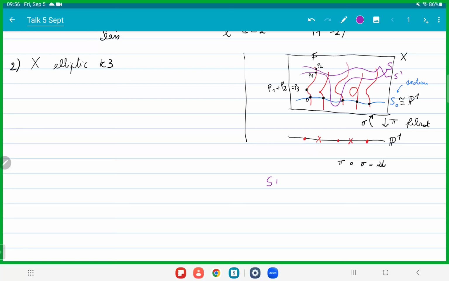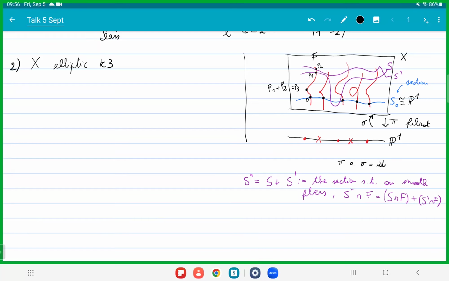So we can define S plus S prime to be, by definition, the section, let me call this one S second, such that on smooth fibers, S second intersected with a smooth fiber is the sum of S intersected F and S prime intersected F. And of course, this can only be defined for the smooth fibers, but then we just close it, because most fibers are smooth.